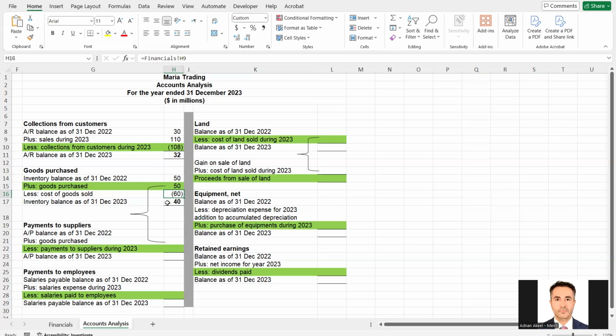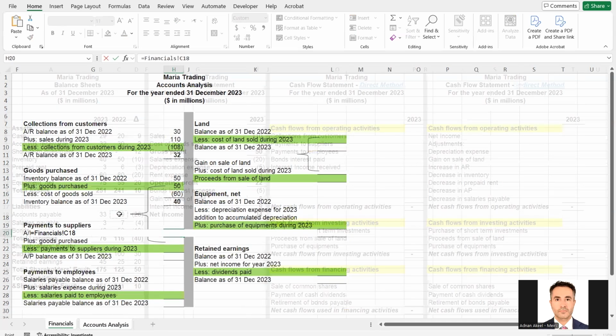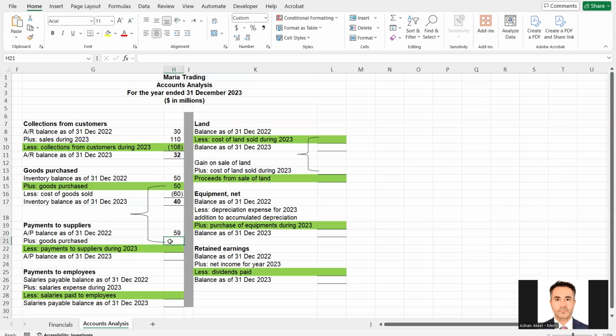These steps are only to calculate the goods purchased. Now I will take this figure to calculate how much I paid to my vendors, on the premise that these goods were purchased on credit, from my vendors on account. My accounts payable beginning balance, from the balance sheet itself, was 59 million. Logically speaking, I need to add to this number the goods purchased during the year on credit. Now, how much was the ending accounts payable for my suppliers?